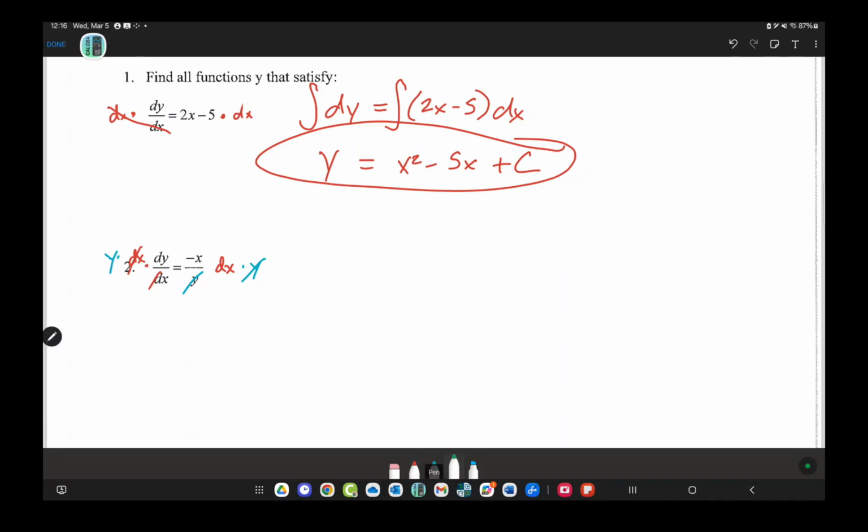So I end up with y dy is equal to negative x dx. So we are still going to integrate. So I get 1/2 y squared is equal to negative 1/2 x squared plus c.